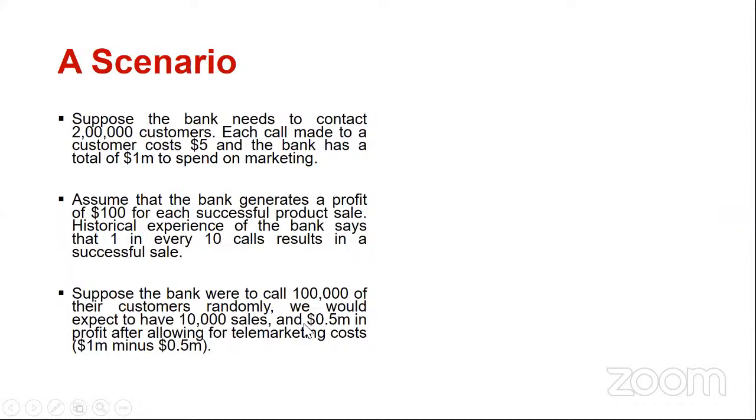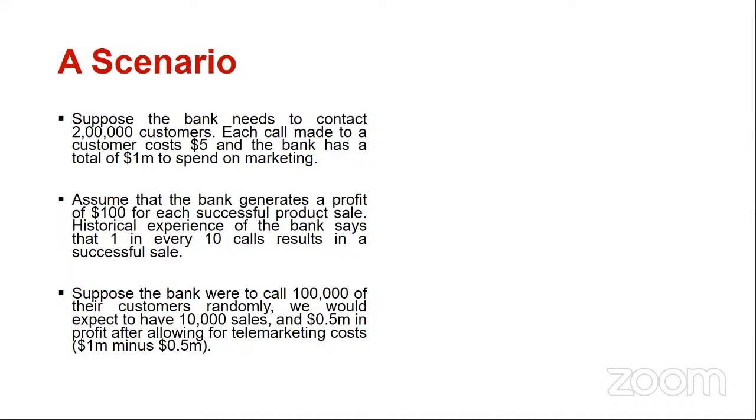Hence, for 1 lakh, you can start with $0.5 million, half of the budget. But your challenge in this scenario, participants, is how much sale value do you have to generate? 10,000 sales. Each sale generates $100. Then how to generate this 10,000? Out of 1 lakh, who, when contacted, will contribute to the 10,000?